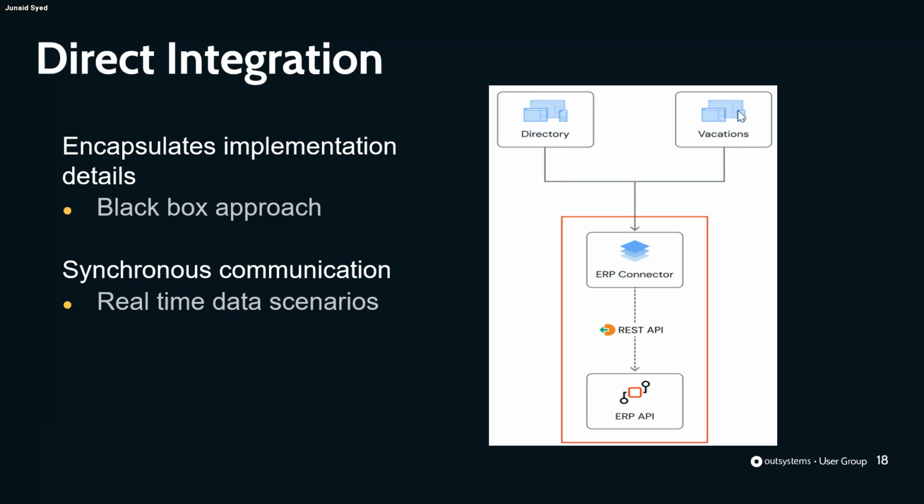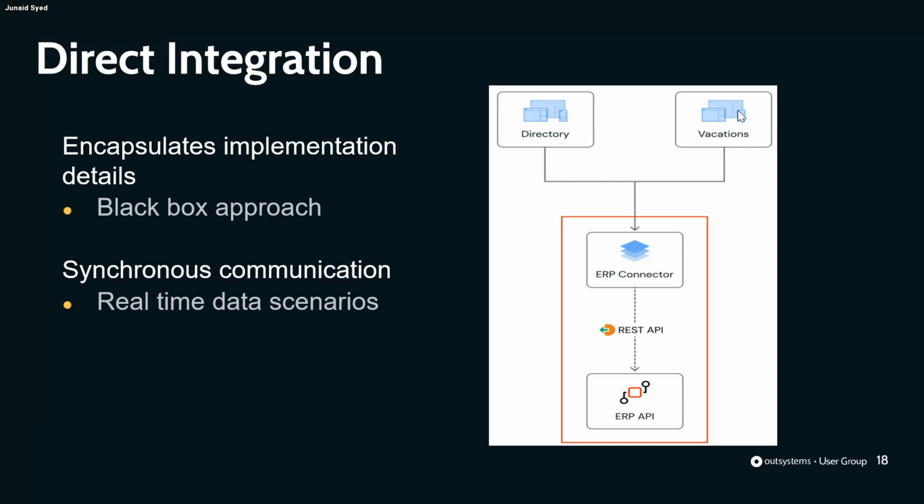Because this communication is happening in real time, this is called synchronous communication as well. Whenever the directory application needs information from the ERP system, it immediately invokes the server action, in this case from the ERP connector library.